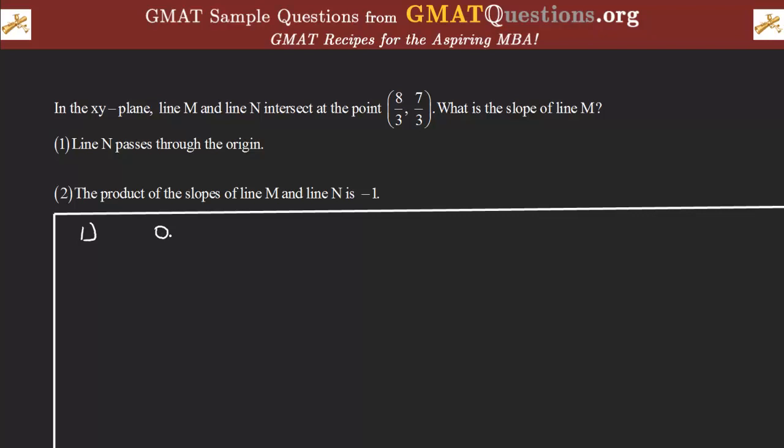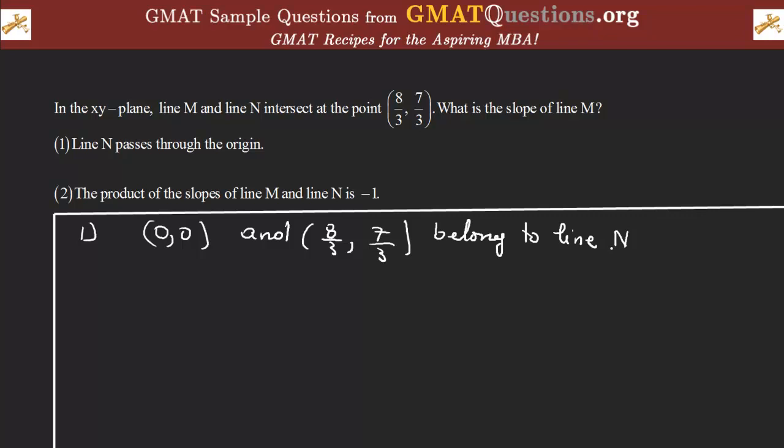So it means that the point (0, 0), which is the origin, is on line N. If I combine this with the question itself, I can say that we have the point (0, 0) and the point (8/3, 7/3), both of them belong to line N. Not M, but N. So this should allow us to find the slope of line N. As you know, in order to find the slope, we have to do maybe (7/3 minus 0) over (8/3 minus 0).